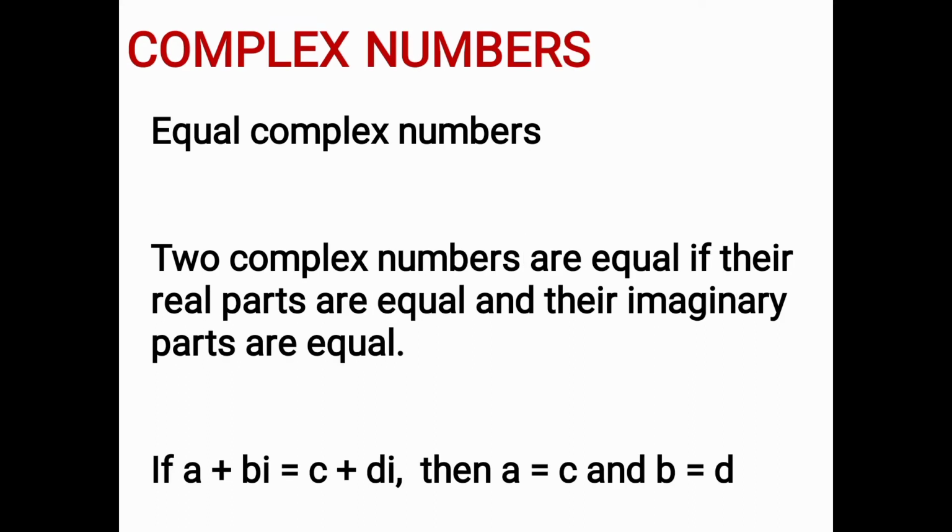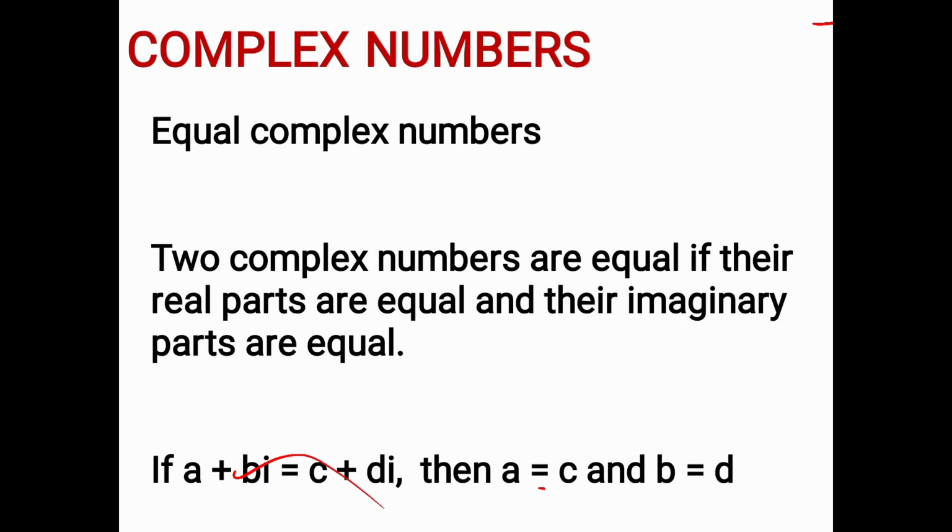Next, if two complex numbers are given and they are declared equal, then the condition will be real part equal to real part and imaginary part equal to imaginary part. Say a plus bi equal to c plus di and they are declared equal to each other.